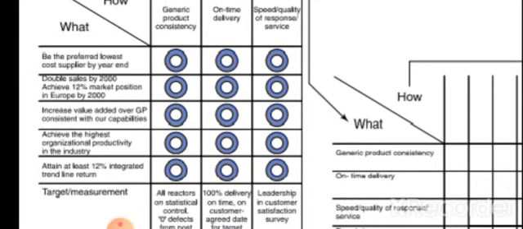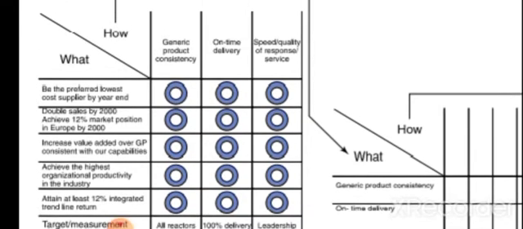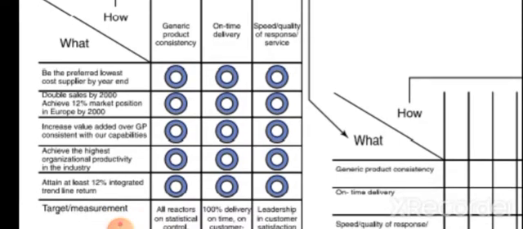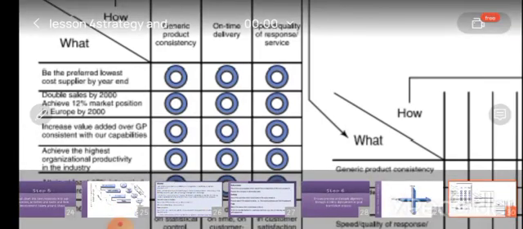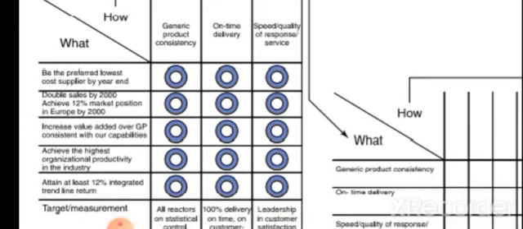Now, they listen to the voice of the customer in order that these 5 identified goals can be achieved. Now they realize that product consistency, generic product consistency, on-time delivery according to the voice of the customer.